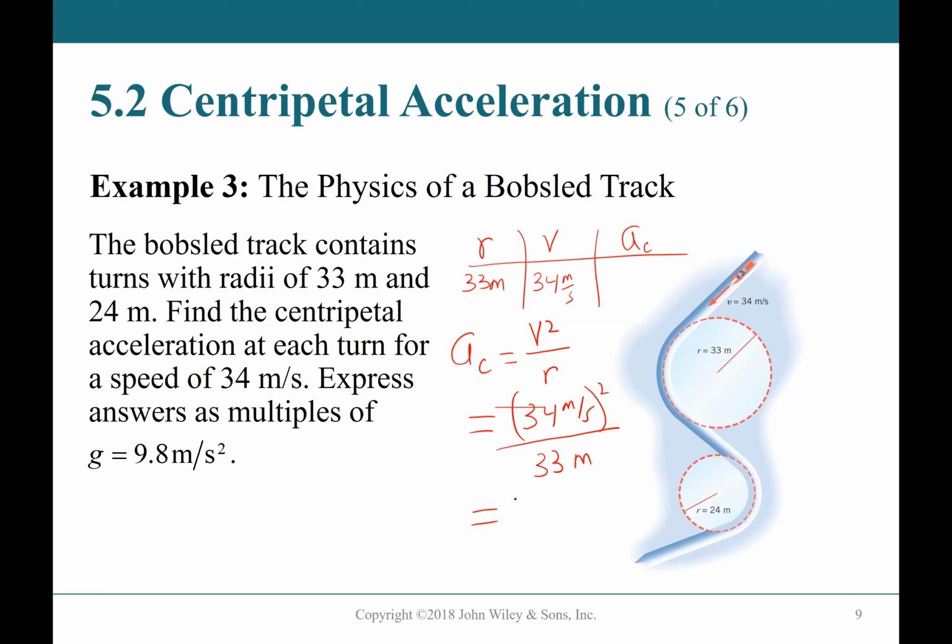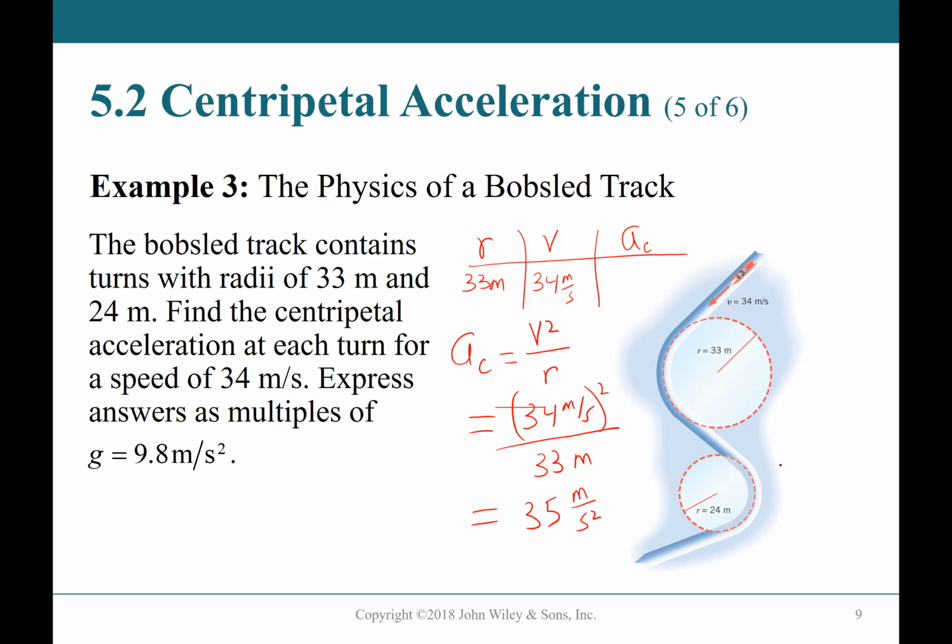Okay, so our first answer we get, let's see, 34 squared, and we're going to divide that by 33. So we get 35. The meter squared divided by meter will leave me 1 meter per second squared, and I have 35. So the first answer here is 35 meters per second squared.